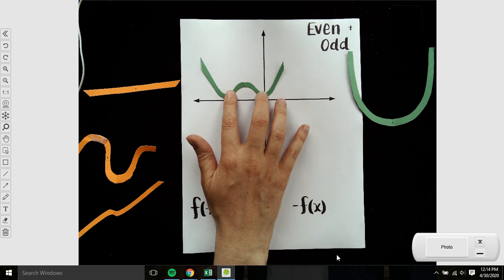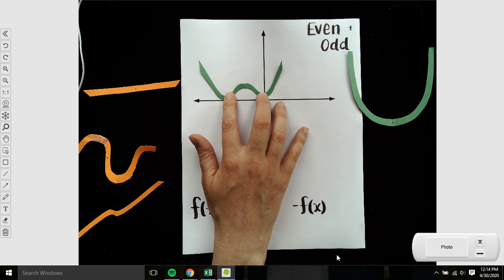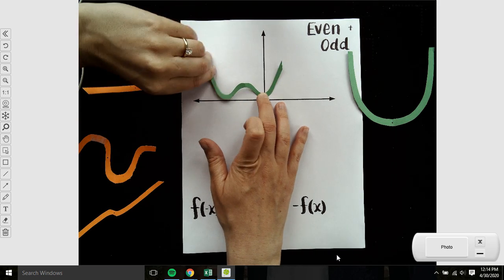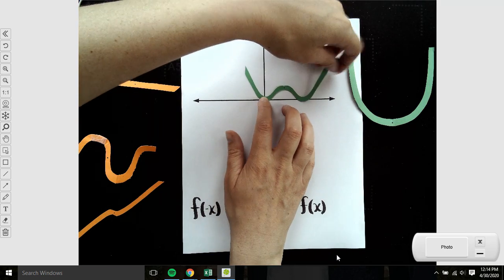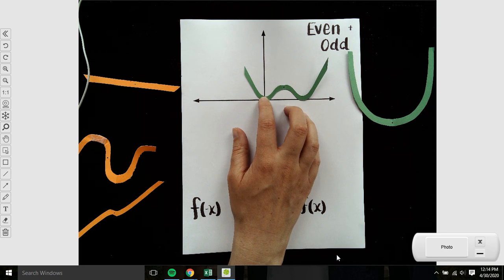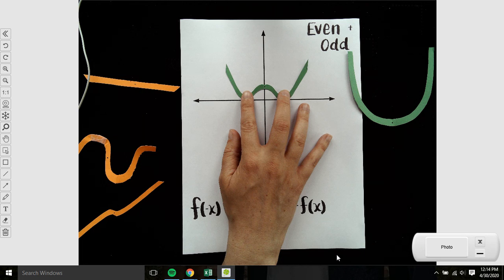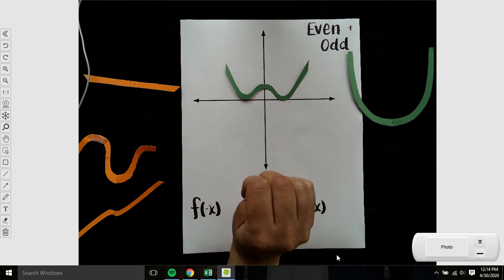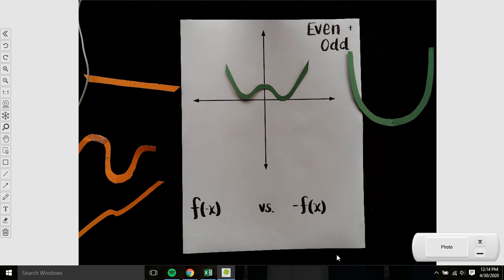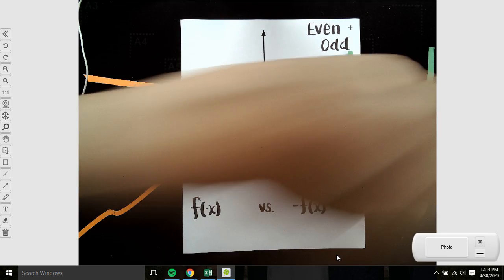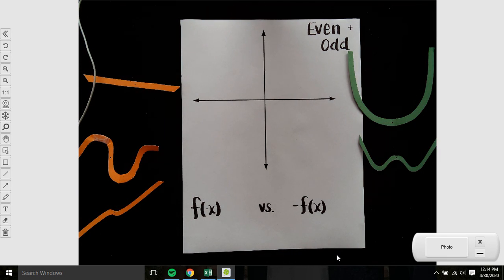Keep in mind, if I were to move this one here, because it only has these two parts, if I were to reflect this over the y-axis, it is no longer even. So again, the middle point of the function is on the y-axis and it does the same thing on either side of the y-axis. So there is my even functions.